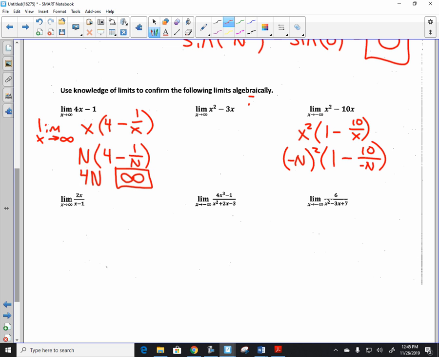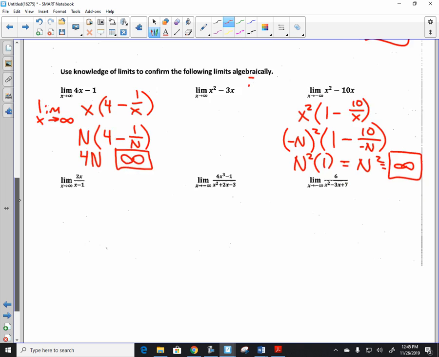What happens if you take a very large negative number and square it? It becomes a positive number, so n squared, times what remains here? Just 1, because this becomes 0, so you just get n squared, which is infinity.